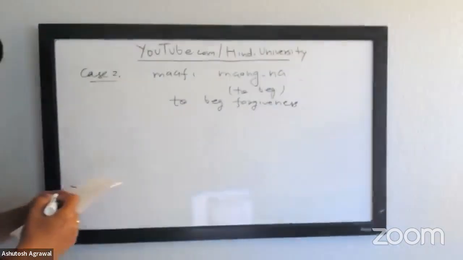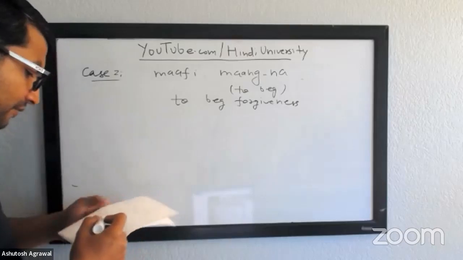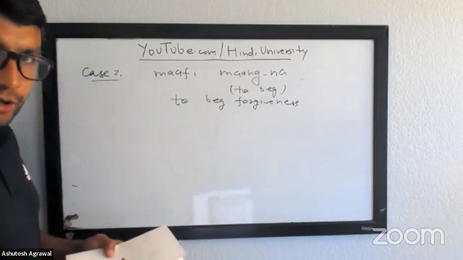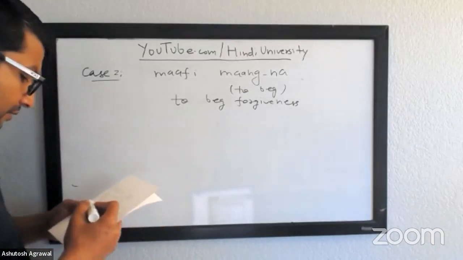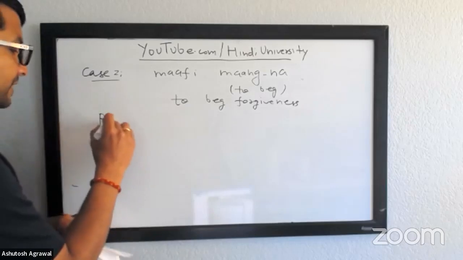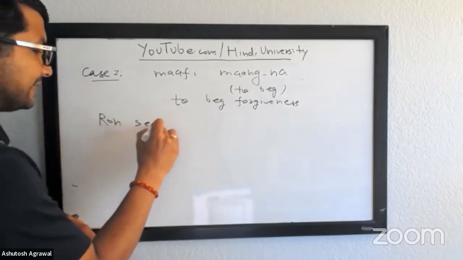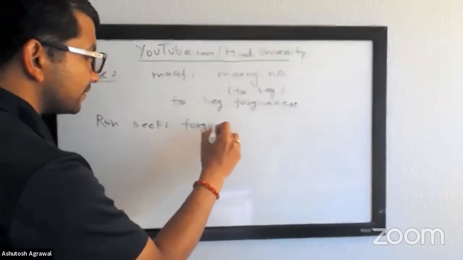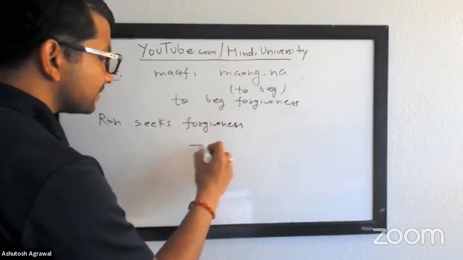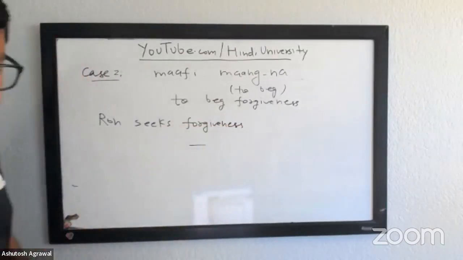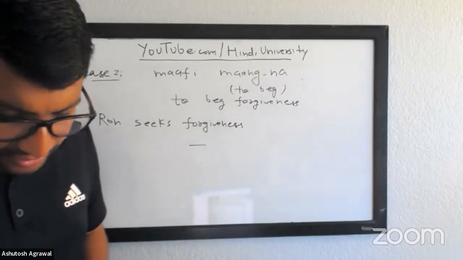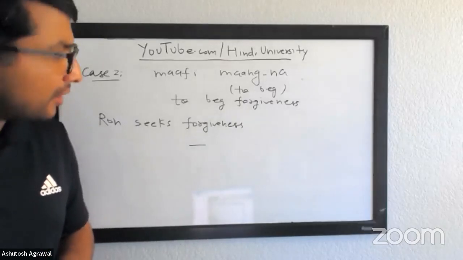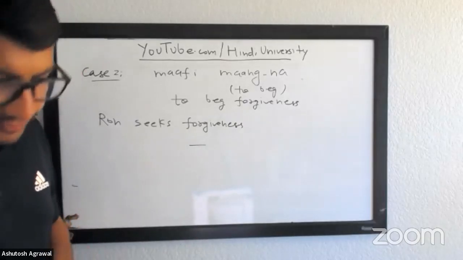So imagine, just like we had the case of Ron forgive Sean, you have the same sentence called Ron seeks forgiveness. We'll start simple. Present indefinite tense. You can use chat to write down how will you say that. Ron seeks forgiveness.